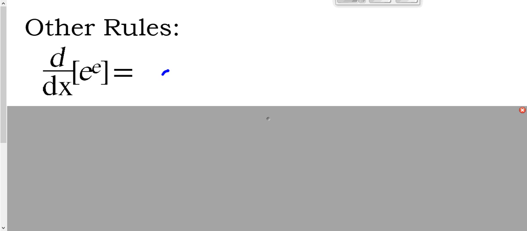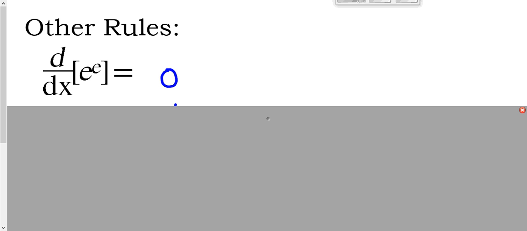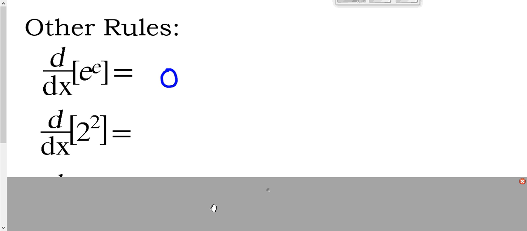The derivative is 0. So be careful, even though these are letters, they're not variables. They are letters standing for numbers. The same exact thing goes for 2 to the 2. 2 to the 2, that's a number. Derivative of a number, 0.